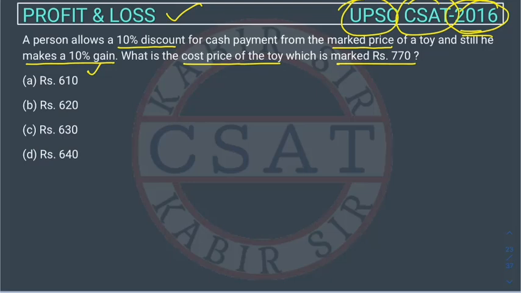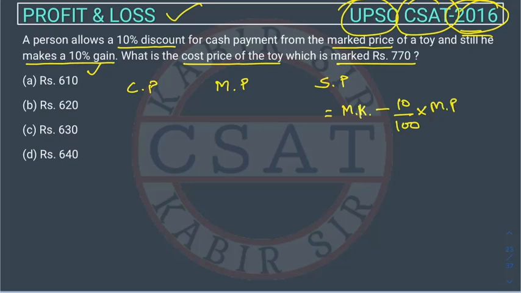So see what is happening. There is a cost price, a marked price and a selling price, right? He is making a 10% profit. So we can say that the selling price is equal to the marked price minus a discount of 10%.